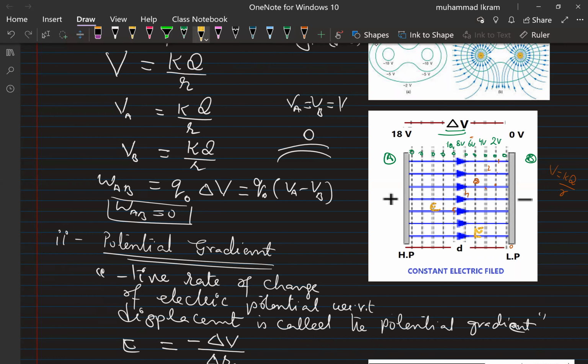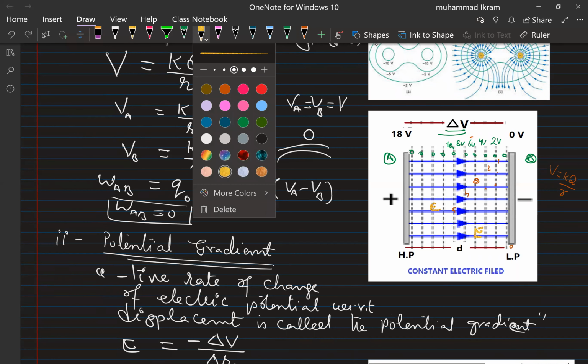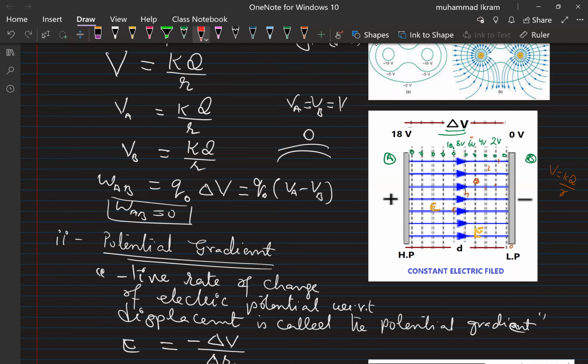Now the question is, why is it the same? The answer is very easy. Do you not remember that the electric field intensity for the oppositely charged system is sigma by epsilon naught?